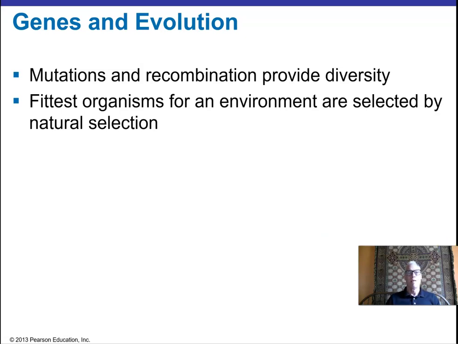So if you get a mutation, and that mutation confers some kind of advantage to the microorganism, now that organism is going to be selected for. So not only can horizontal transfer allow populations of bacteria to acquire some disease-causing gene or an antibiotic resistance gene, now we're going to select for it.